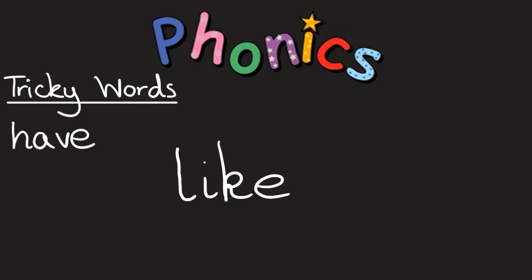Now at the moment, this word is very difficult for us because we don't know these things called split digraphs. You'll learn all about those in year 1. But let me show you a little bit about what that means right now. So at the beginning of the word like, we can sound our phoneme l. That makes sense.